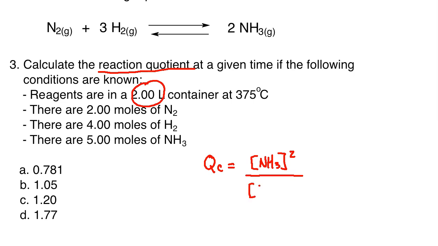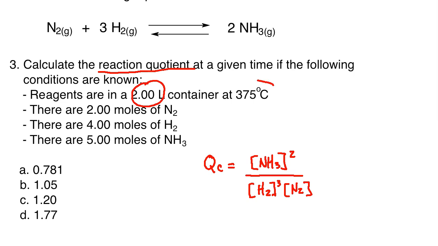I'm then going to have my H2, and that would be cubed, again, due to the coefficient, and then I would also have my nitrogen gas. So this would be the setup for the quotient that I'm looking to calculate at this given time t.